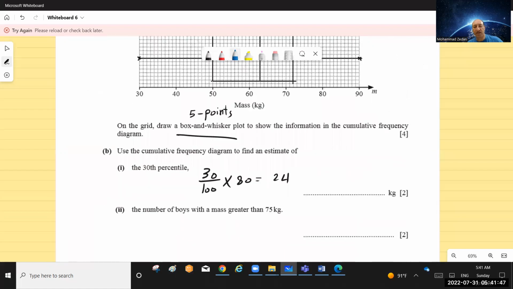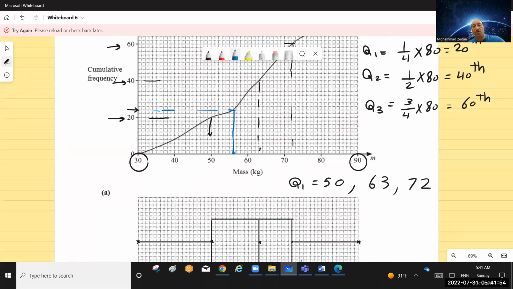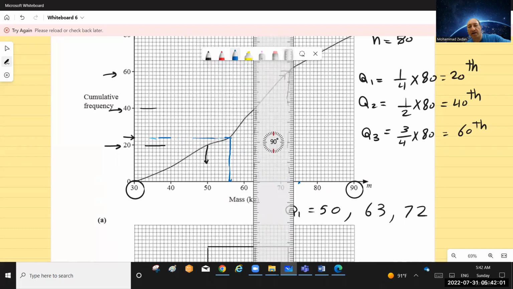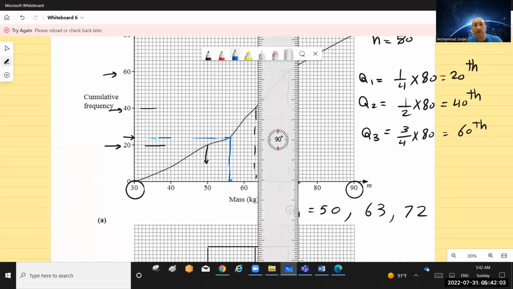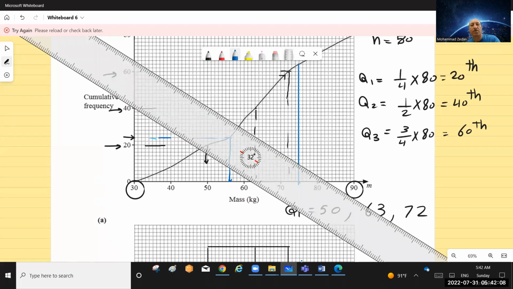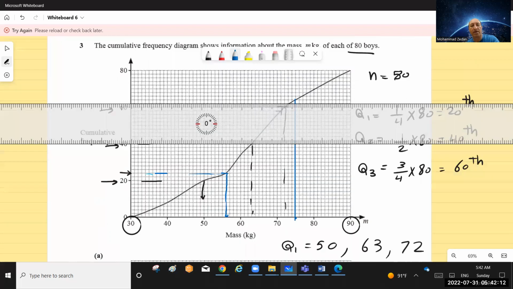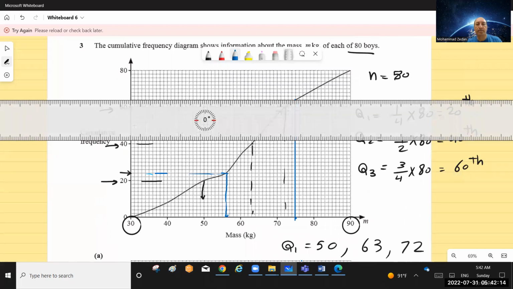So it's 56 kilograms. Next, the number of boys with a mass greater than 75. You go to 75 and draw a line at 75 like this. Then you can check this point.